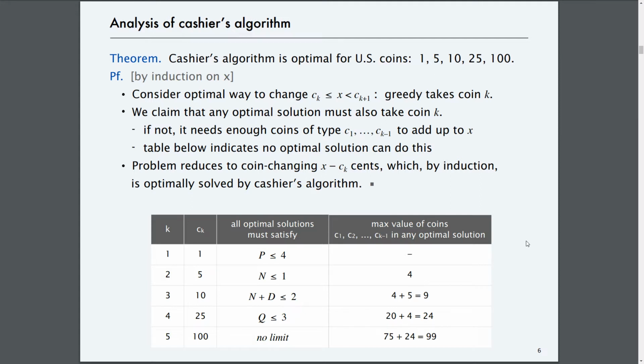So we have a theorem that the cashier's algorithm is optimal for US coins. And if we consider how it would change the value x, which is between these 2 coins, coin number k and coin number k plus 1.